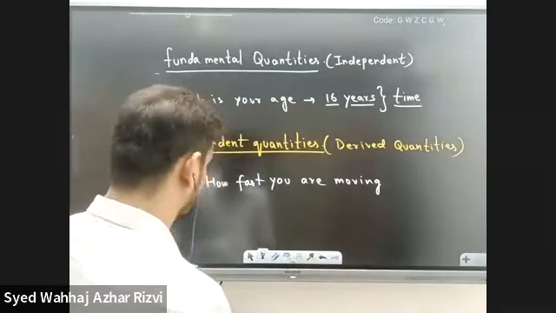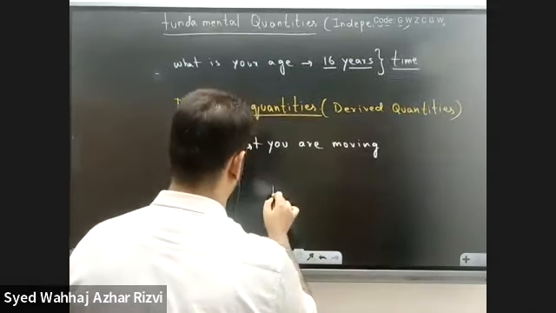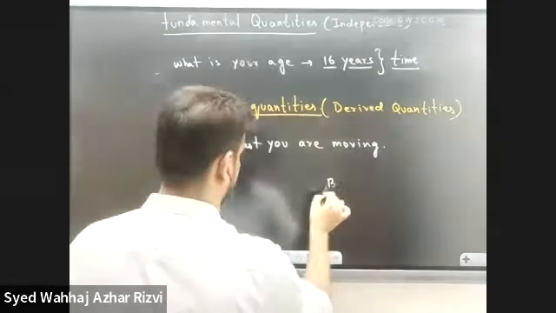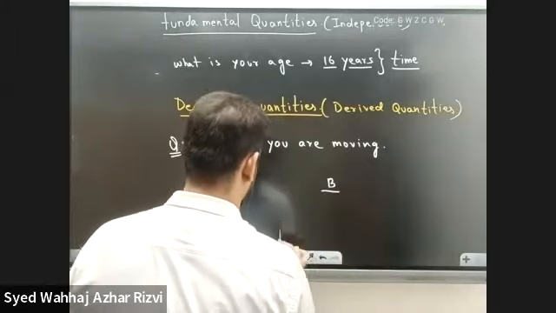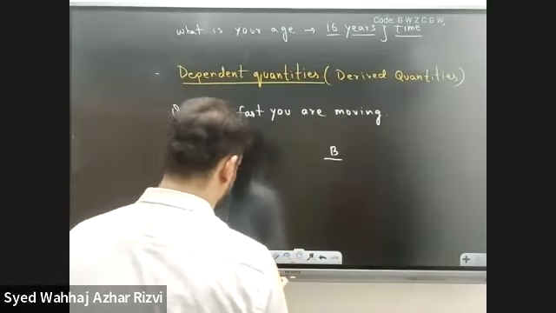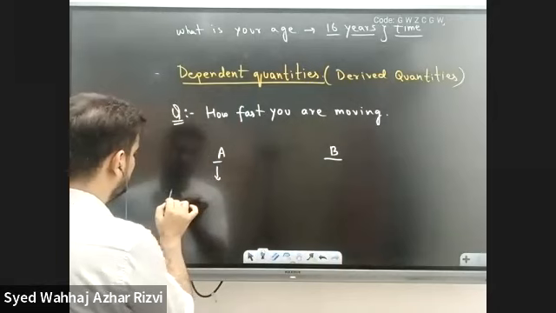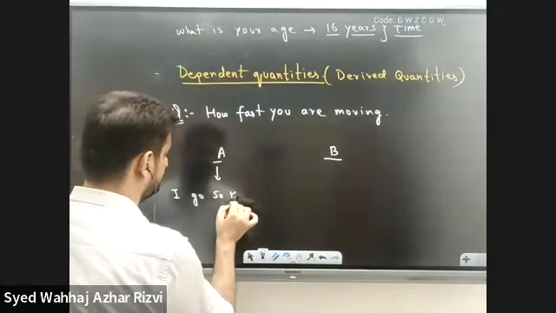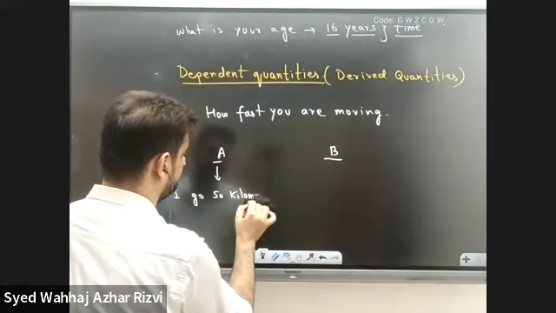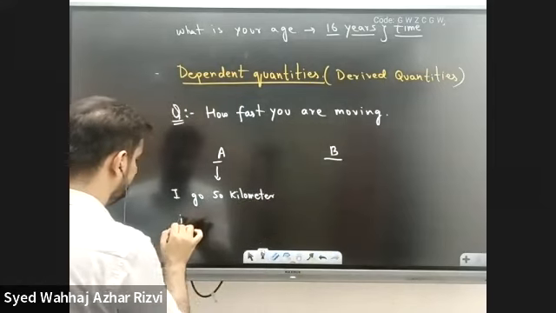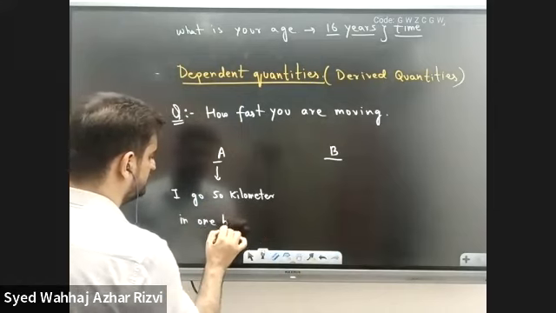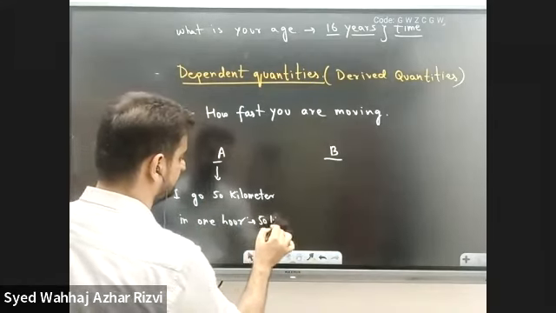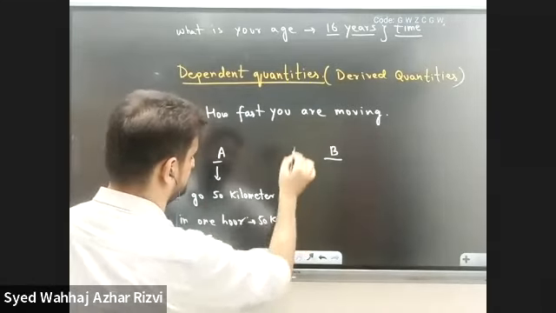Okay. So this question I'm asking two people, Mr. A and Mr. B. Mr. A tells me that I go 50 kilometers in 1 hour, or in other words, 50 kilometers per hour.